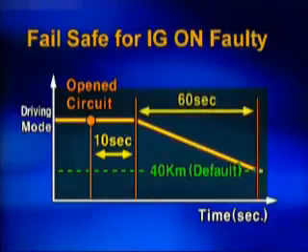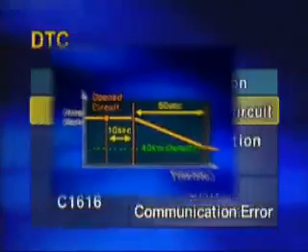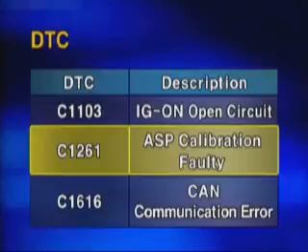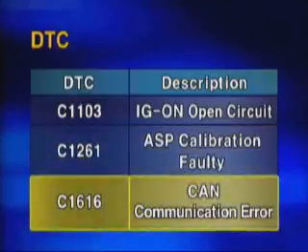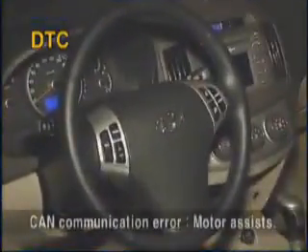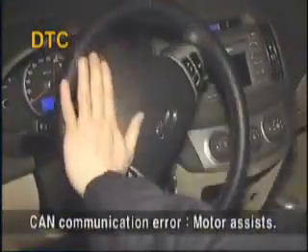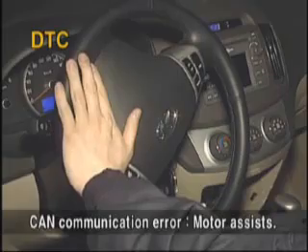After 60 seconds, it enters into the 40 km per hour mode. C1261. The ASP calibration for the steering angle sensor was not completed. C1616. CAN error. When C1616 occurs, please be advised that the motor will assist the steering wheel normally.